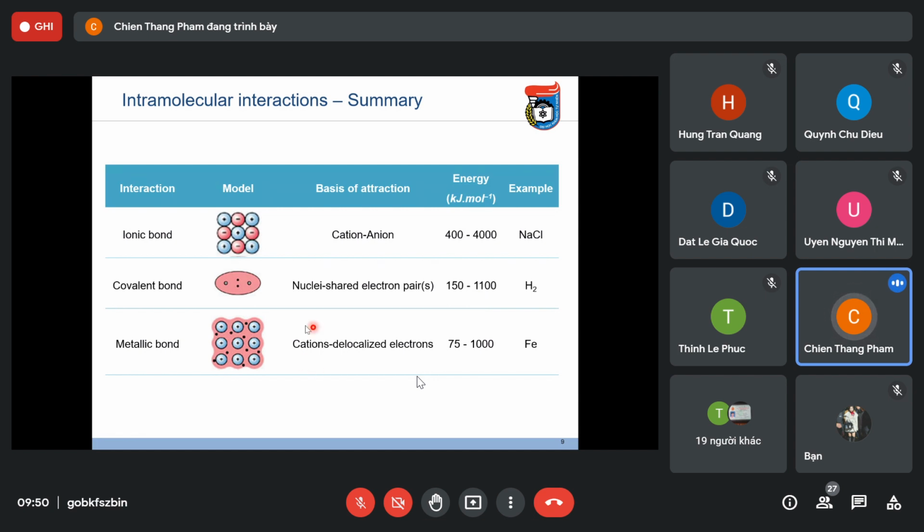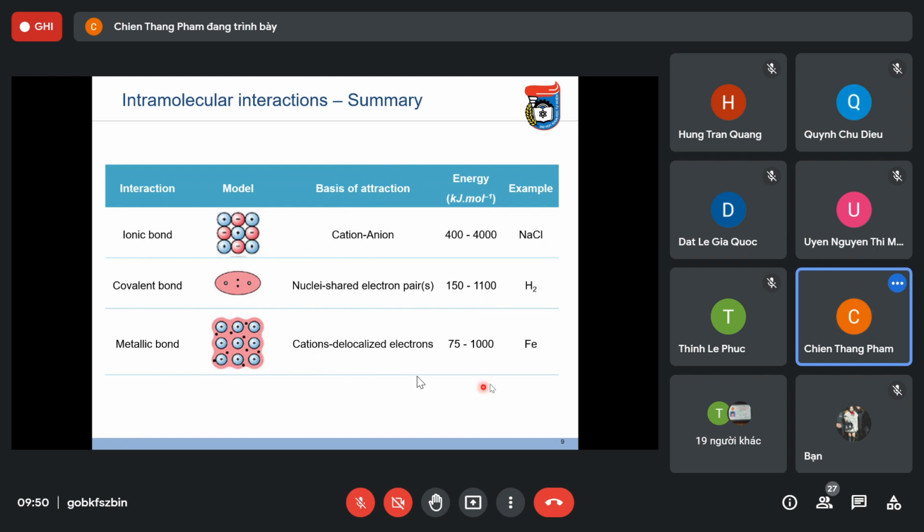The metallic bond is formed between the metal ions, and the nature of the metallic bond is the attraction force between the metal cations and the delocalized electrons, which means the electrons can move freely in the metal lattice.